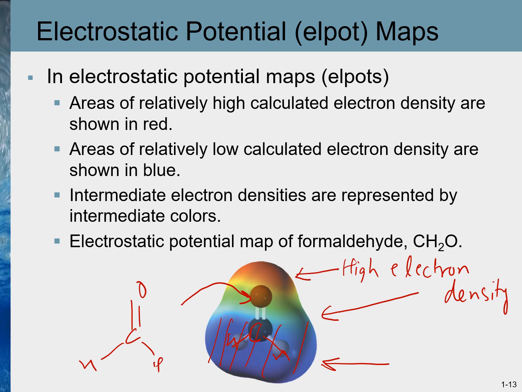Even though the electrons are distributed everywhere as shown in this Lewis structure, according to the computer model, most of this electron density is concentrated in the top part. Or in other words, because of the high electronegativity of oxygen, most of this electron density is pulled towards the oxygen.